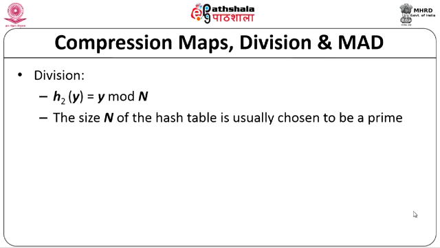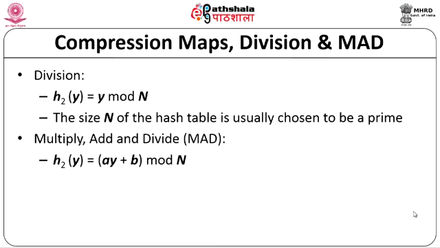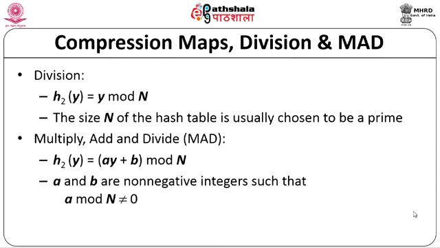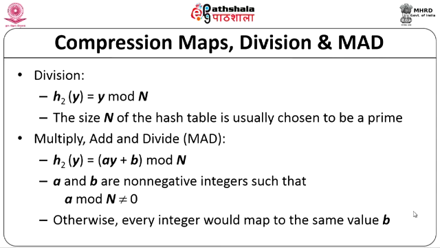The size n of the hash table is usually chosen to be prime, so that this works out properly. We are the people who choose the hash table size. Another method is multiply, add and divide, called MAD. Here you have (a y plus b) mod n, where a and b are non-negative numbers that you choose in such a way that a mod n is not equal to 0, otherwise every integer would map to the same b.